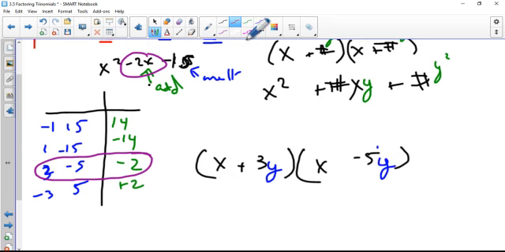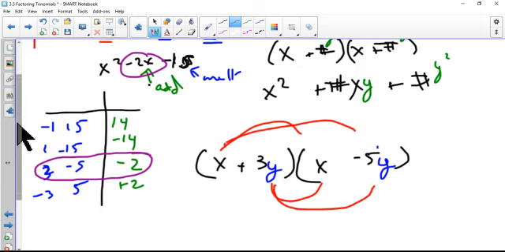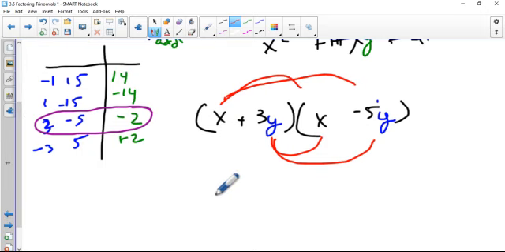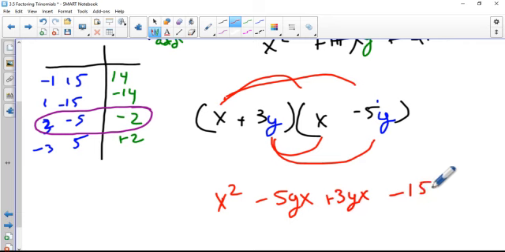So this one, let's look at the expansion of this guy. So this is kind of using the FOIL method. So we're going to get x squared minus 5yx, or 5xy, it's the same thing, plus 3yx and minus 15y squared.